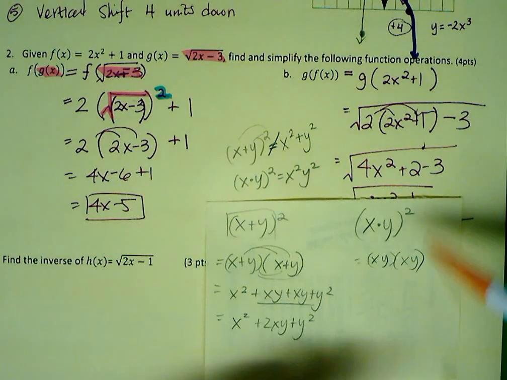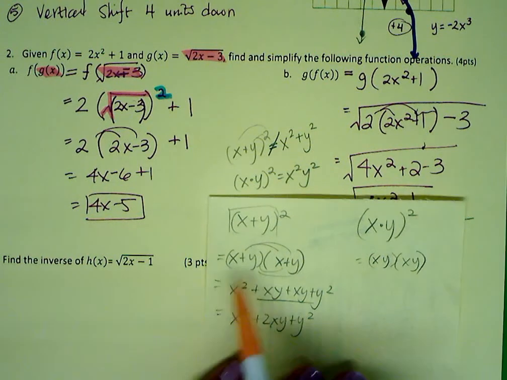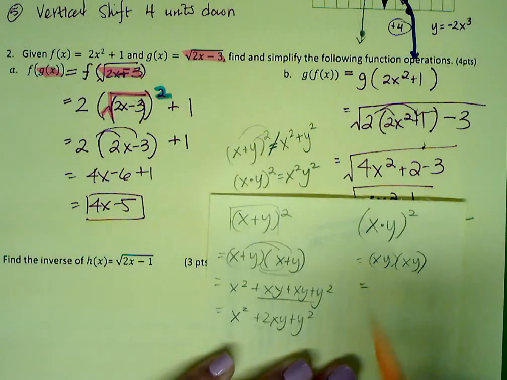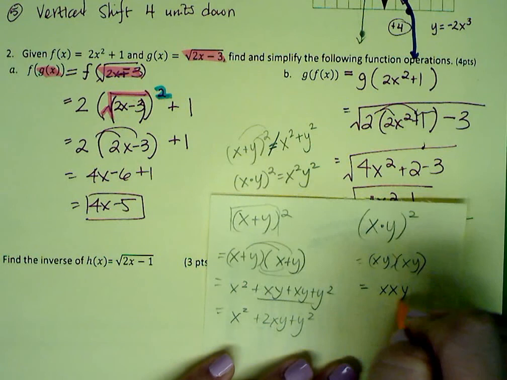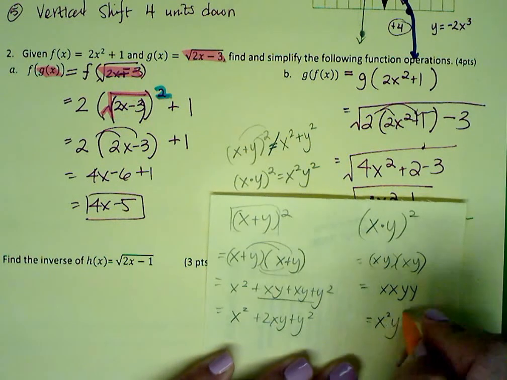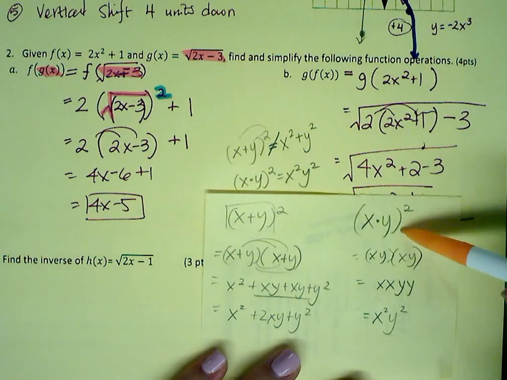But here there is nothing being distributed, right? It's just x times y times x times y, which in the end is x squared y squared. So do you see why when you're multiplying and you square it, it's just x squared y squared? But when you're adding them and squaring them, then you have to have a 2xy there, so you can't just distribute. Do you guys see that?